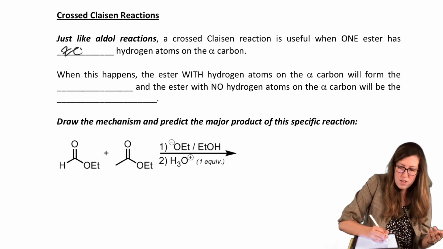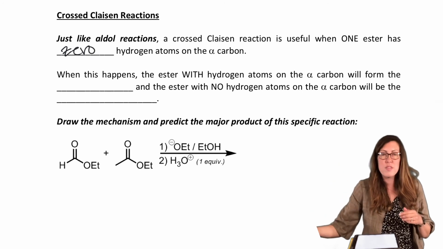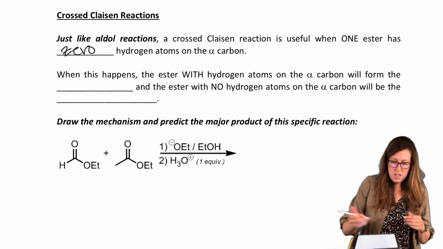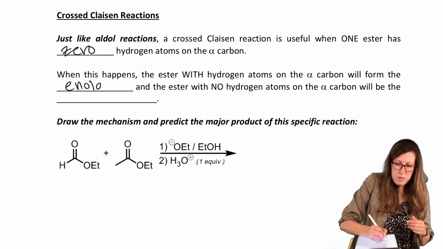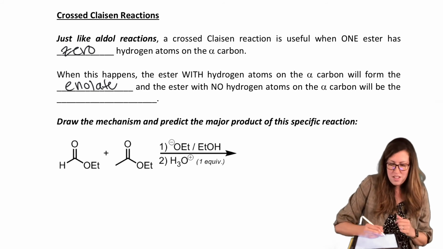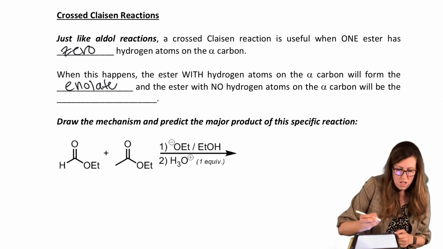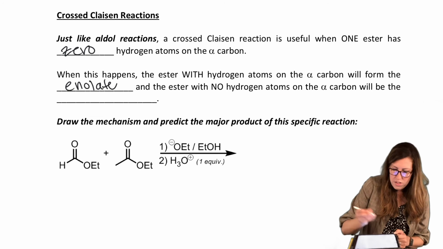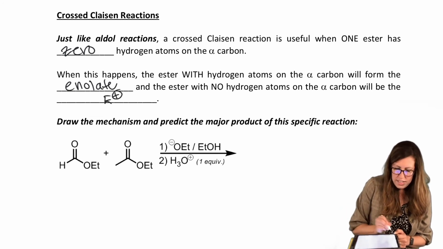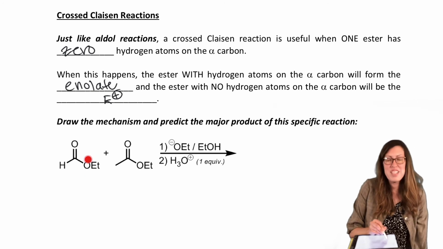What if we had 0 alpha H's on one of the esters? That way it can't be the enolate. All right, so this is actually copied and pasted from the other section. So same scenario. Enolate is the one with hydrogens, and the one without it becomes the electrophile. So case in point, no alpha H's.